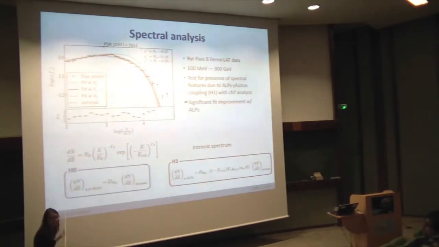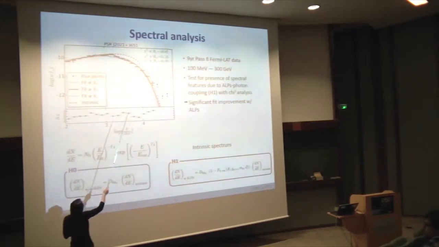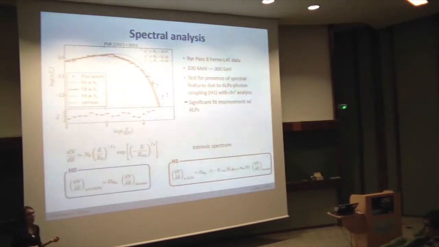We didn't do that. We did a phenomenological study of photon-ALP coupling. But it's clear that there are features, more or less significant, that make your intrinsic spectrum not describe properly what you see in the data.